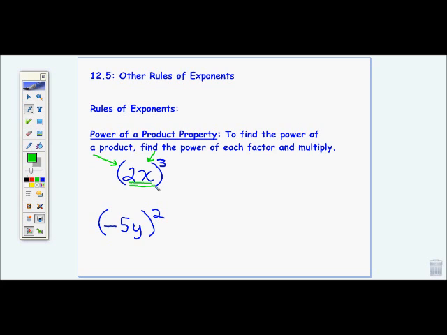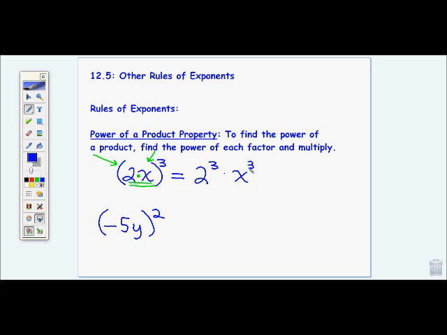Now also we can think of what's inside the parentheses as two separate terms. So if we're using that kind of logic, we can say that 2x cubed is the same as saying 2 cubed times x cubed. We're going to cube the terms inside of the parentheses.